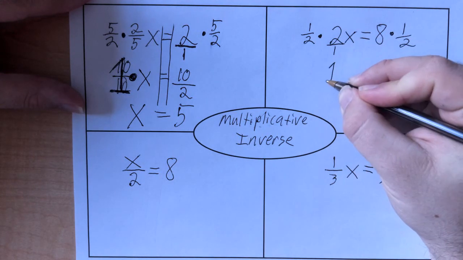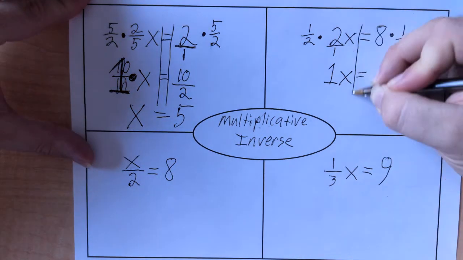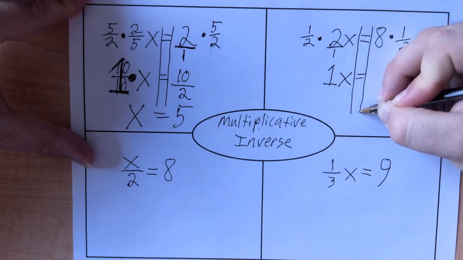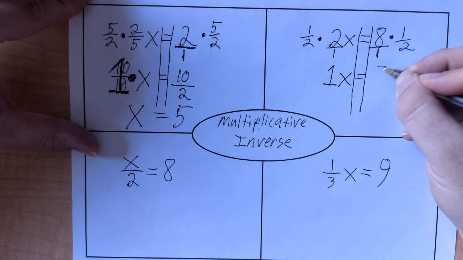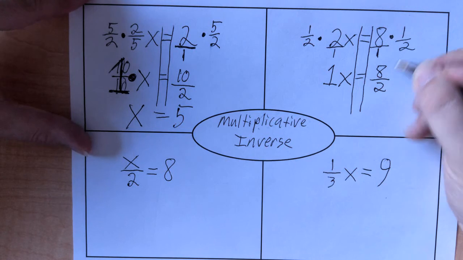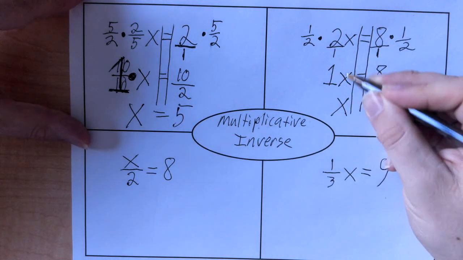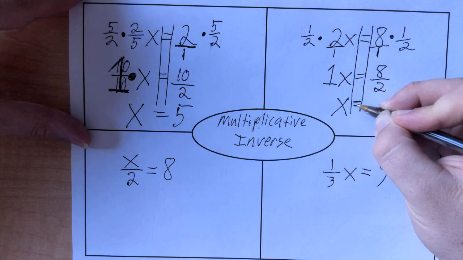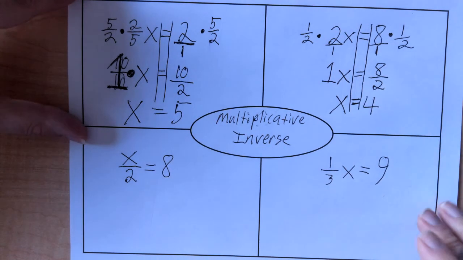When you multiply by the reciprocal, you just get 1. Again, I'm going to draw my bars here to keep my two sides separate. Here I could think of it as 8 over 1. We're just multiplying across. So you get 8 times 1 is 8. 1 times 2 is 2. So we're going to simplify this. I don't need to write the 1 because that doesn't change the value. I just have x. 8 divided by 2 is 4.